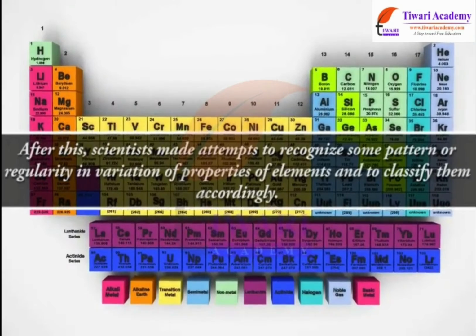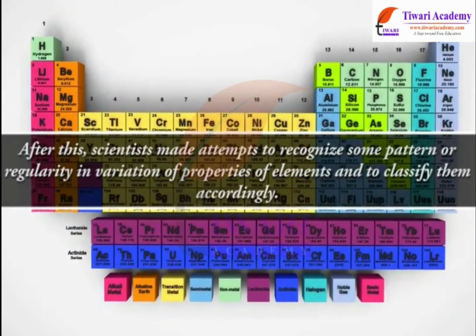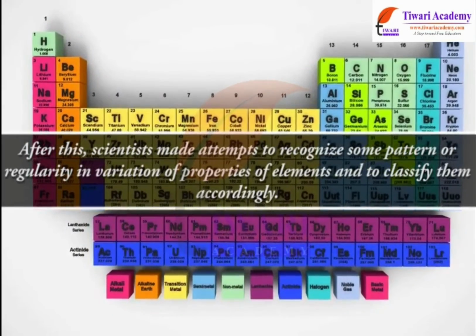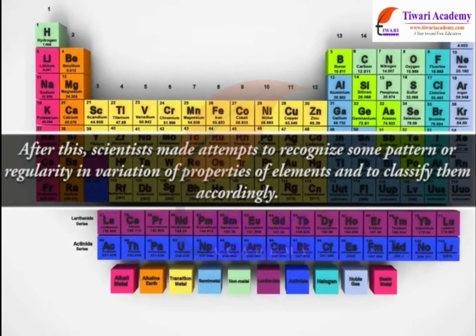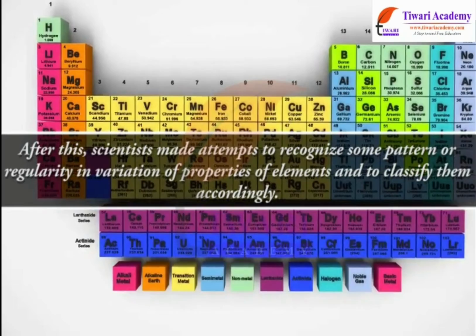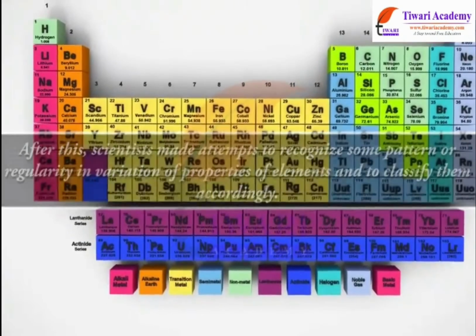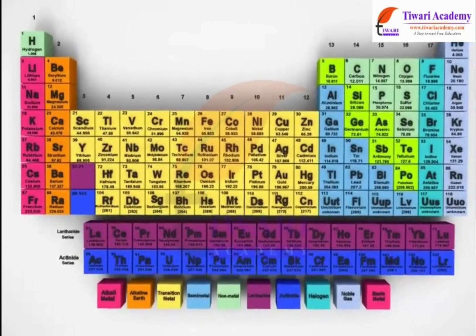After this, scientists made attempts to recognize some pattern or regularity in variation of properties of elements and to classify them accordingly. Now we shall learn about some of them.